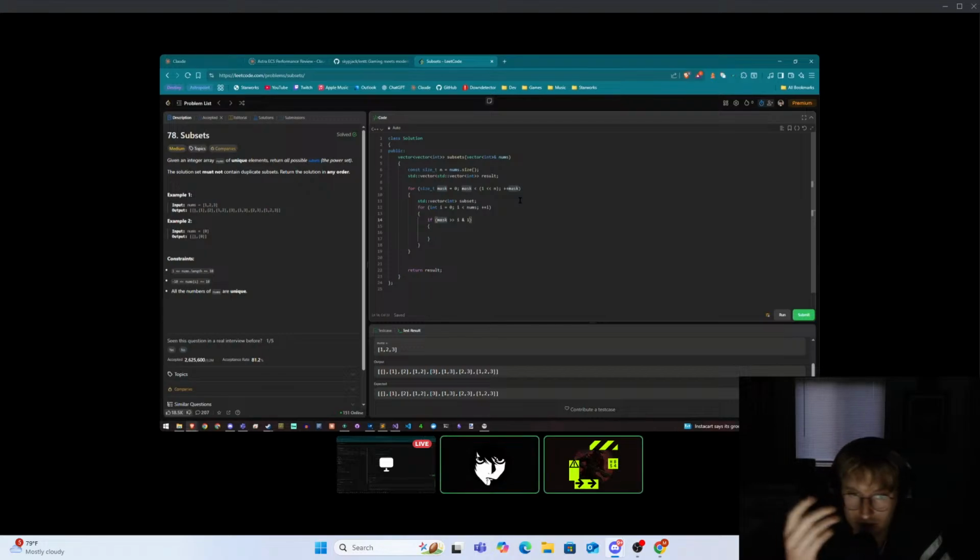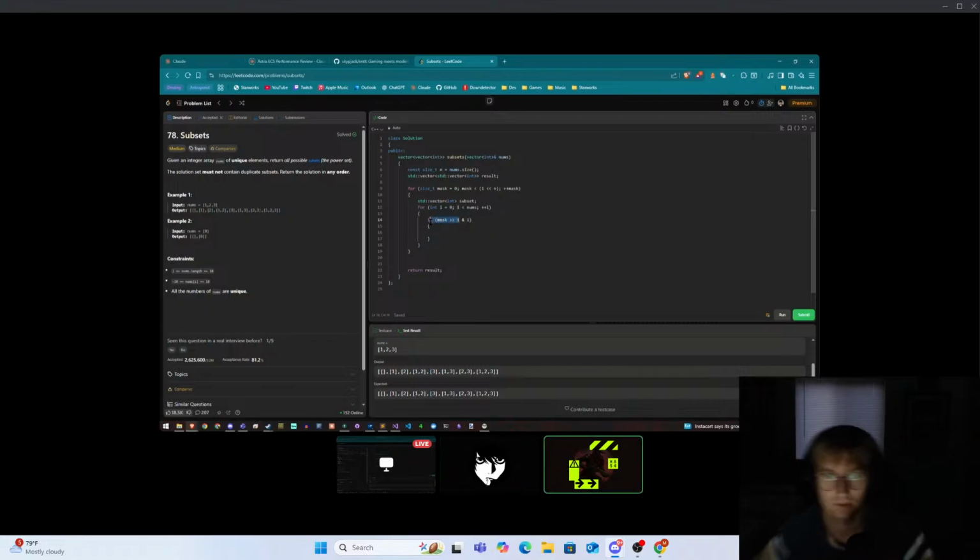Then if i were 1, mask is 1, and we move it to the right by 1, so that would go to 0 as well. So that would be 0 for every other number but the 0th index, essentially. So we'd only add the 0th index number.